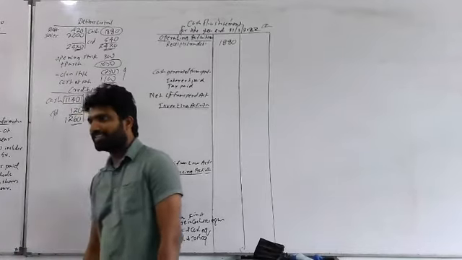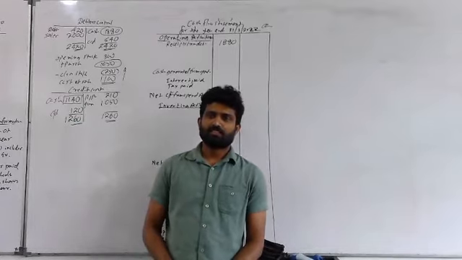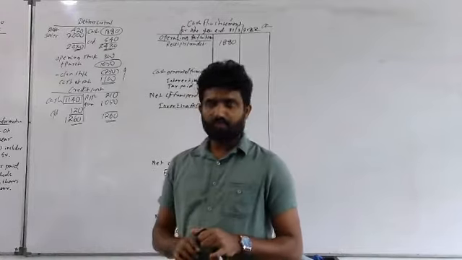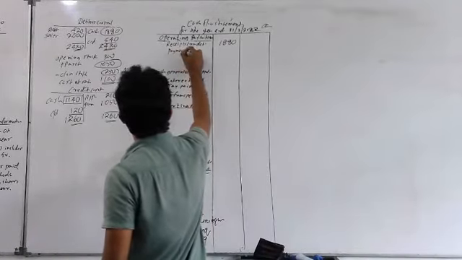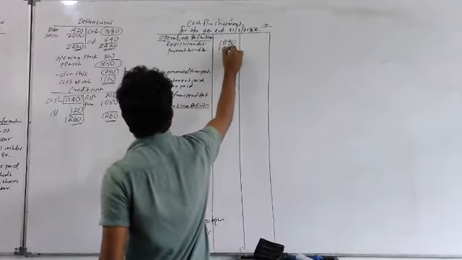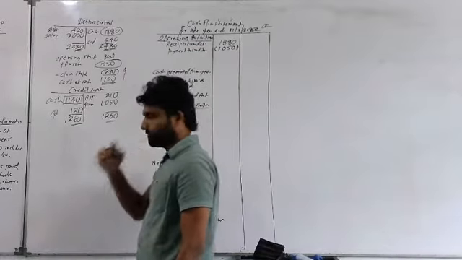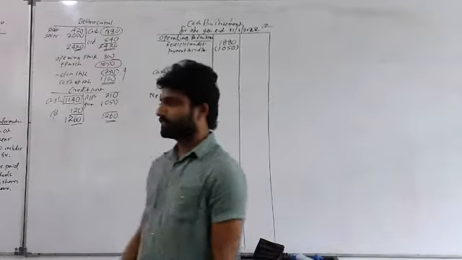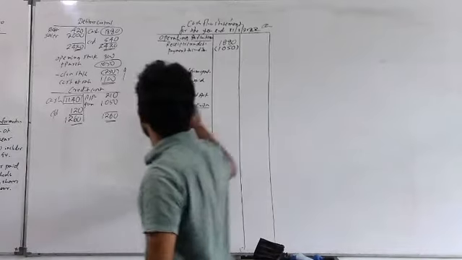It's 1100. What is this? Payment to creditors. Under which activities? Operating activities. Payment to creditors, 1000.